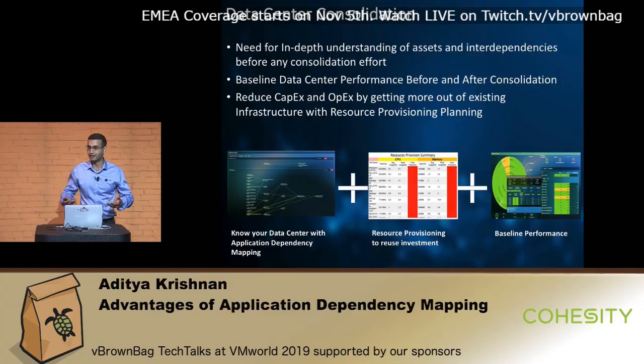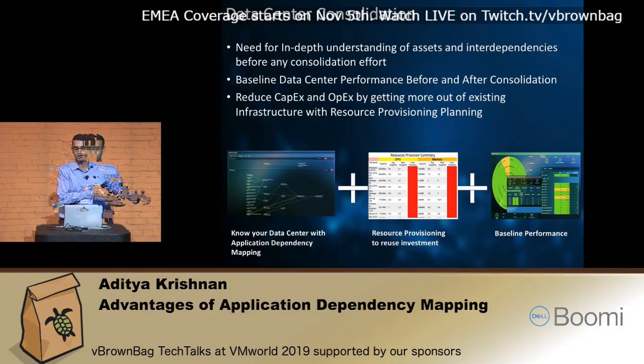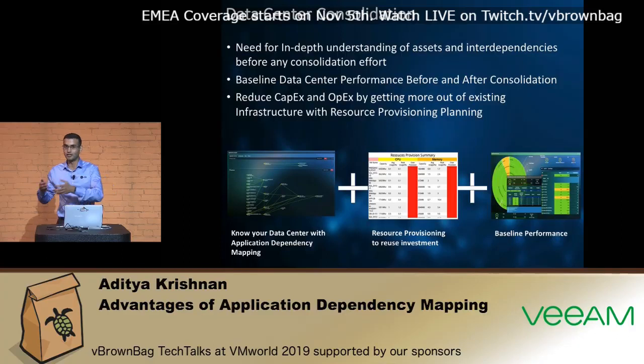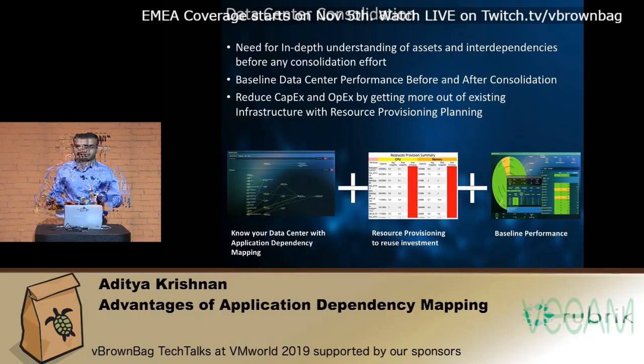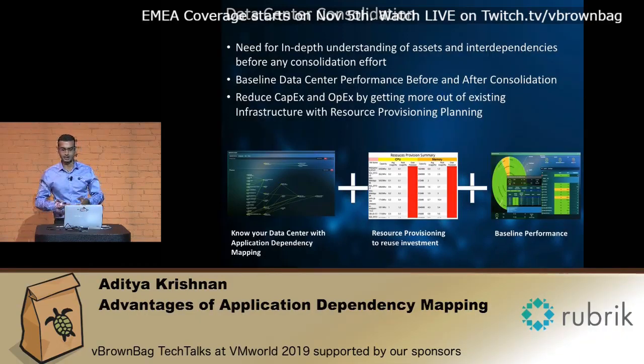While doing this, it is really important to understand and baseline some of the performance from before the application was moved, to see how the performance actually is once the data center is consolidated, with regards to the data center consolidation project.